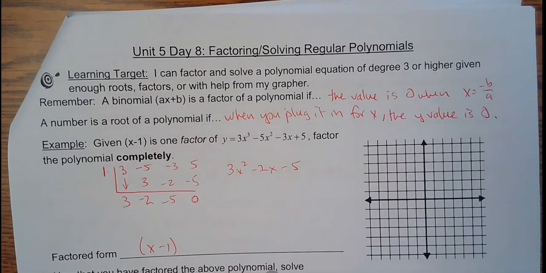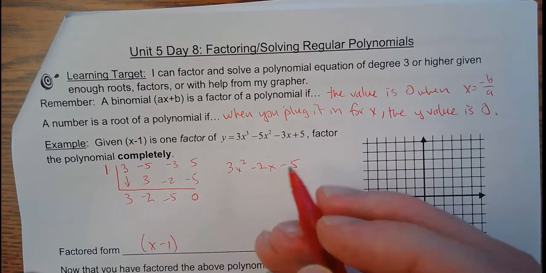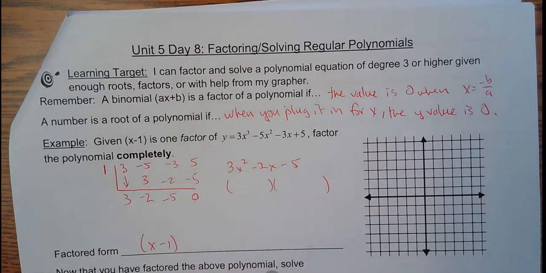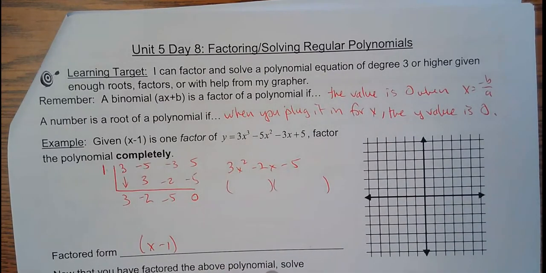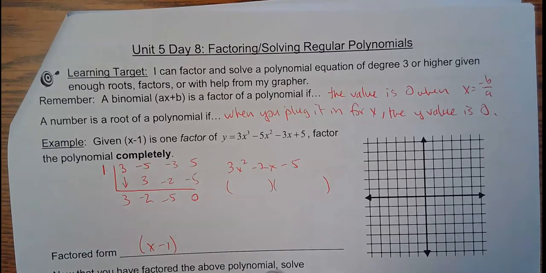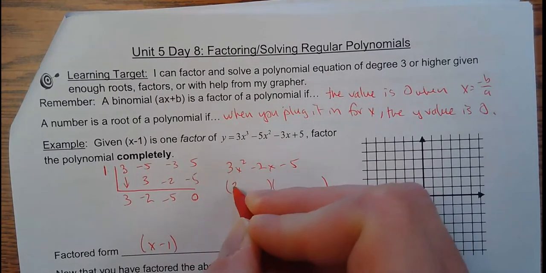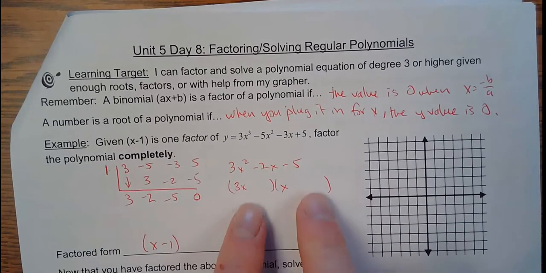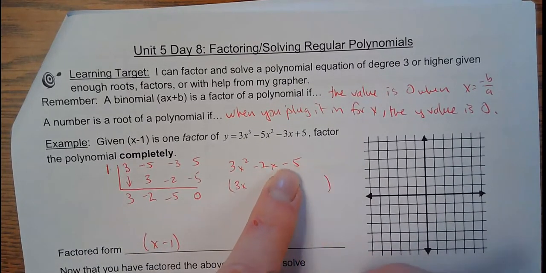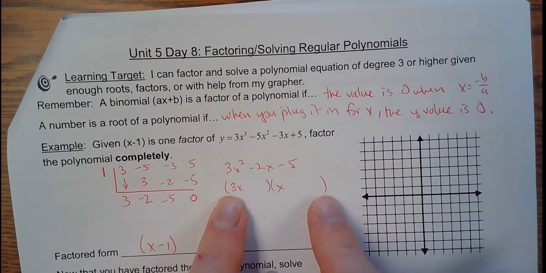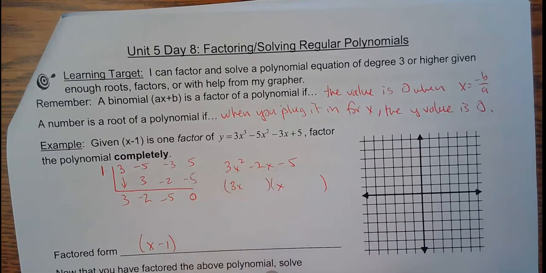Now I have to try to factor this further. Almost all of these will be factorable at some point if we're just saying factored form. If we say roots, sometimes you have to use the quadratic formula. So if this is 3x squared, I'll say 3x and x. These two need to multiply to give me negative 5, but the outer product plus the inner product equals negative 2.